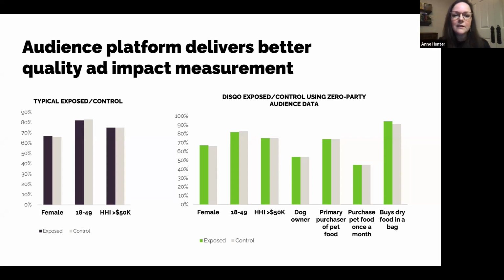It's kind of nerdy to be diving into the exposed and control group methodologies, but it's just another way that zero-party data and really having that consumer view ultimately drives more revenue and market share for your company, because even your optimization within campaigns is better.